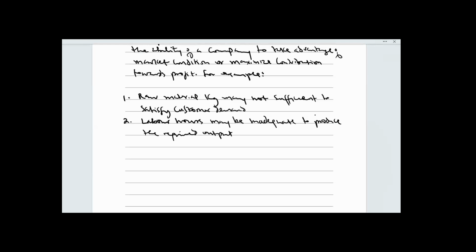Not only that, machine time may not be enough to produce the required production. So when this happens, we say there is a constraint.